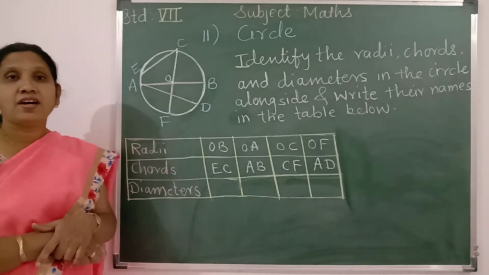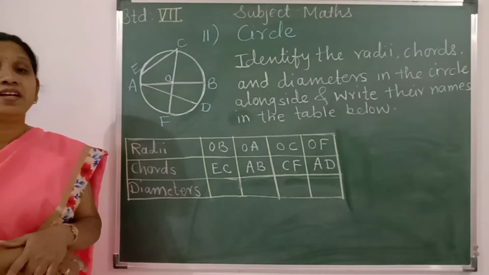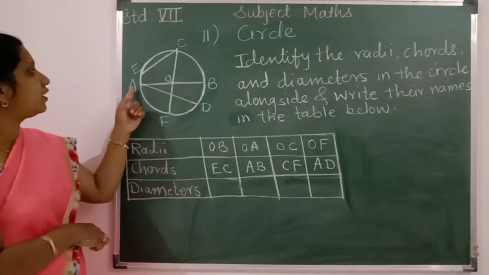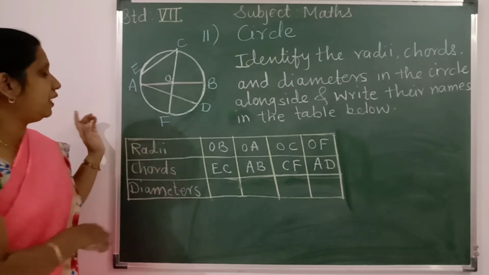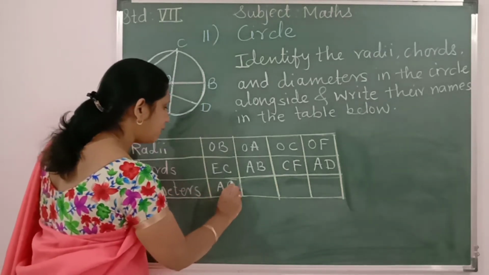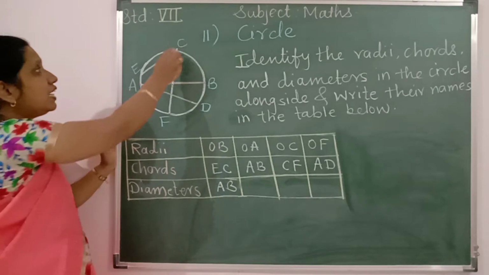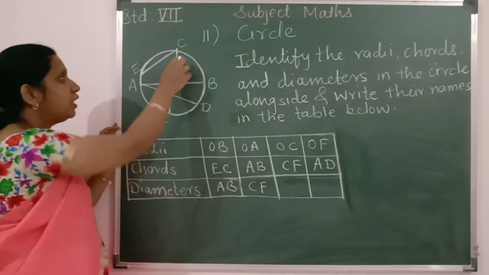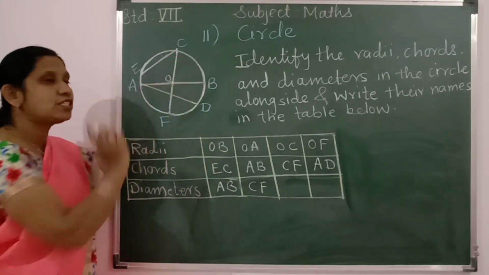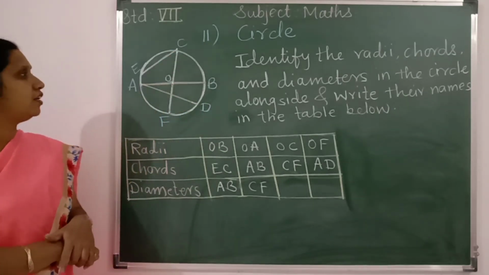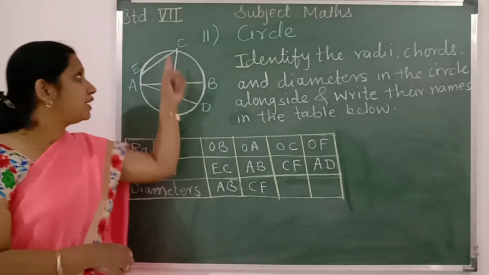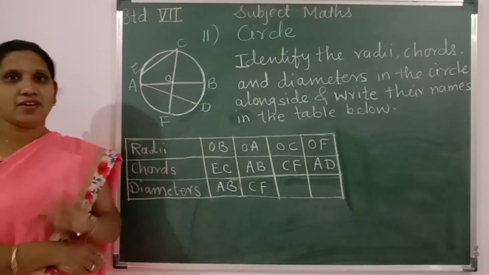What is diameter? Of course, diameter is a line segment passing through the center of a circle. So, AB is a diameter, as well as CF is also a diameter because these two segments pass through the center of a circle. So, in this circle, we have only two diameters, that is AB and CF.